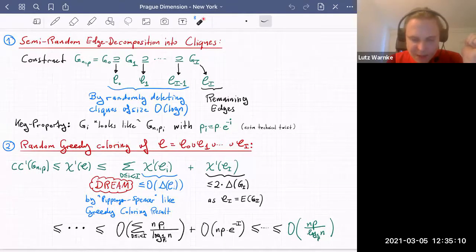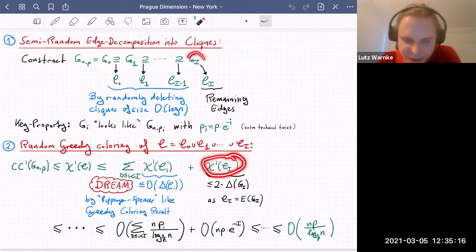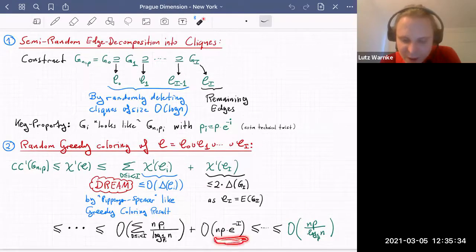So maybe let's look first at the last term. What would be the bound we get here for the final set? Well, we said that we can color this using twice the maximum degree. And in this cartoon version, the edge probability p_i scales roughly like p times e to the minus i. So for coloring this final set, we need np times e to the minus i colors.